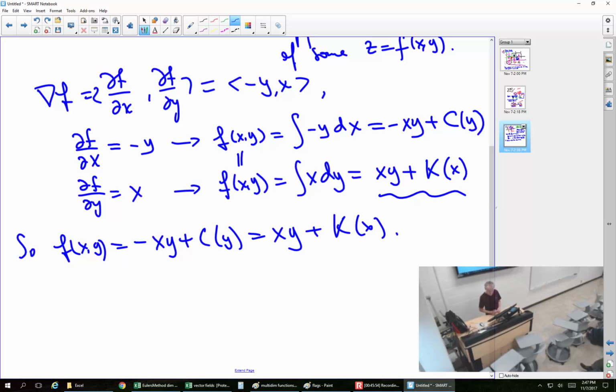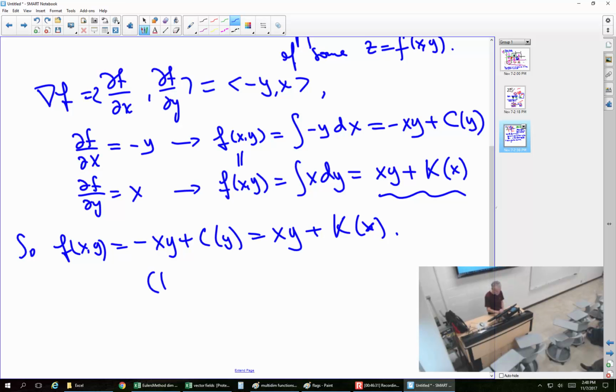Any thoughts? We're looking for f, so we need to find these two functions, c of y and k of x. Any ideas? No?